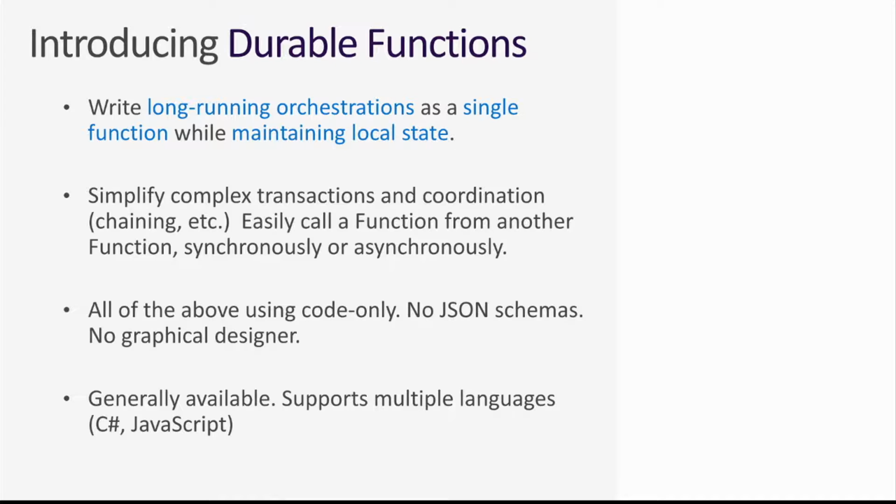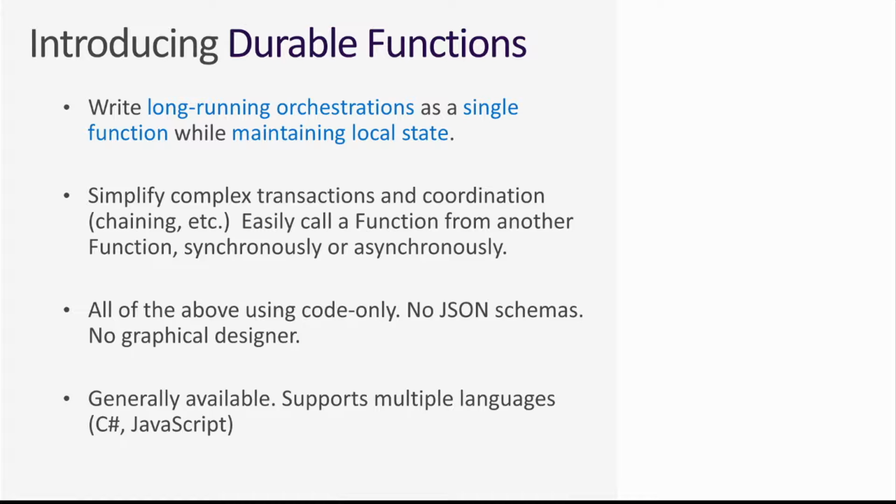So now let's talk about Durable Functions. I've teased it so much. You already know all the problems it's solving, so let's define it a little bit. Durable Functions is a free, open source framework for Azure Functions that allows you to write long-running orchestrations as a single function and maintain state for all of the calls that need to happen.